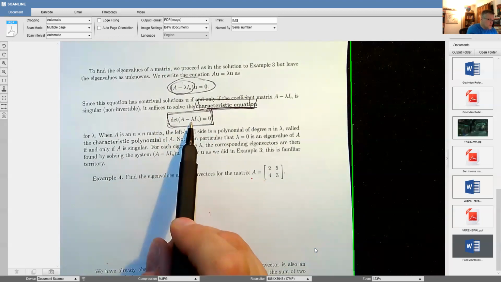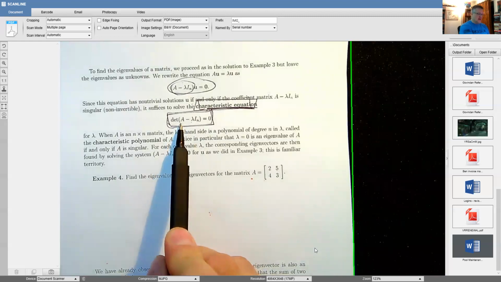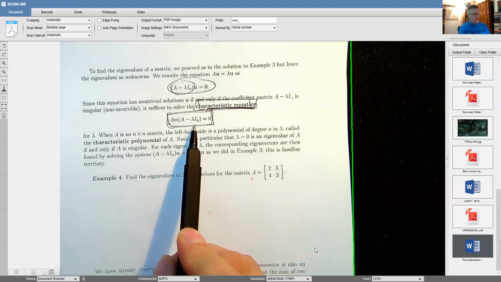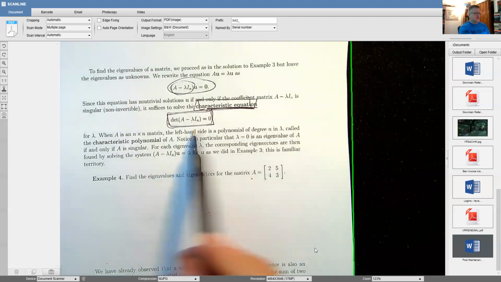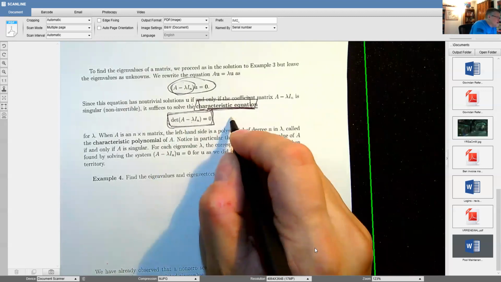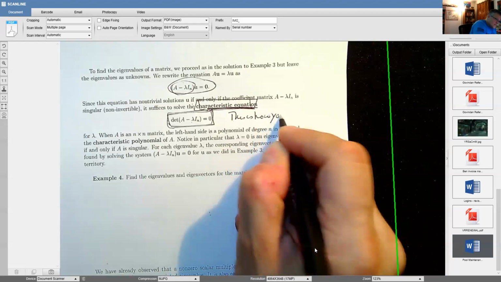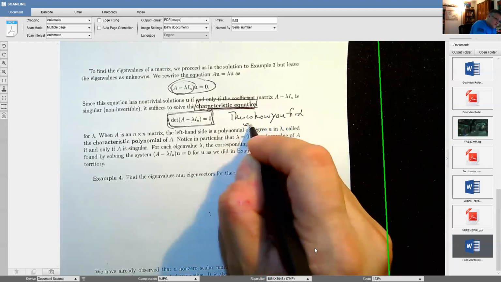So if I give you a matrix and I tell you nothing about the eigenvalues or the eigenvectors, what you'll want to do is find the eigenvalues and then find the eigenvectors. The way you find the eigenvalues is by taking the determinant of A minus lambda I_n, where lambda is what you're trying to find, setting that equal to zero and solving for lambda. So this is how you find the eigenvalues.